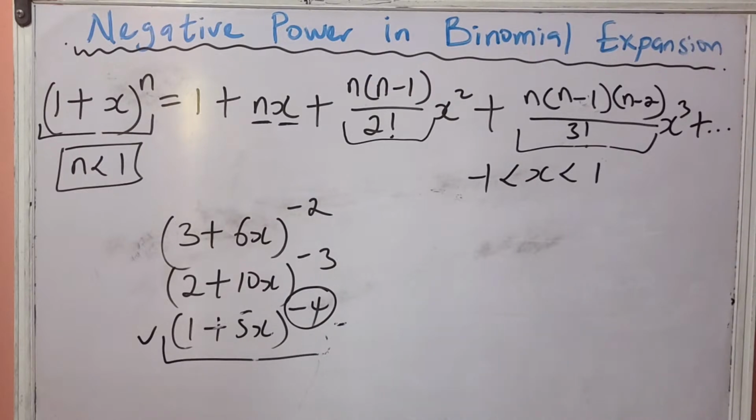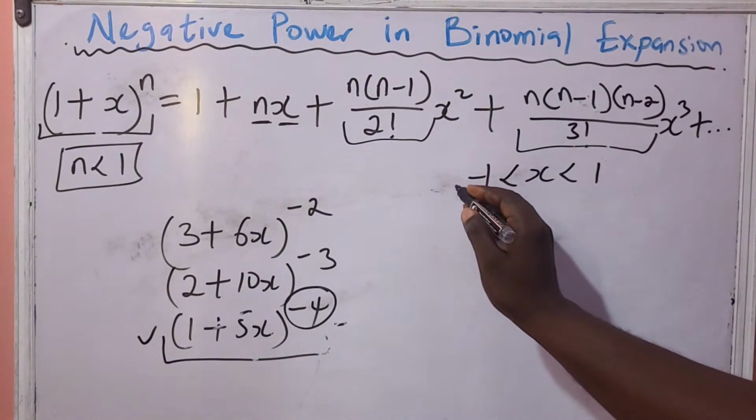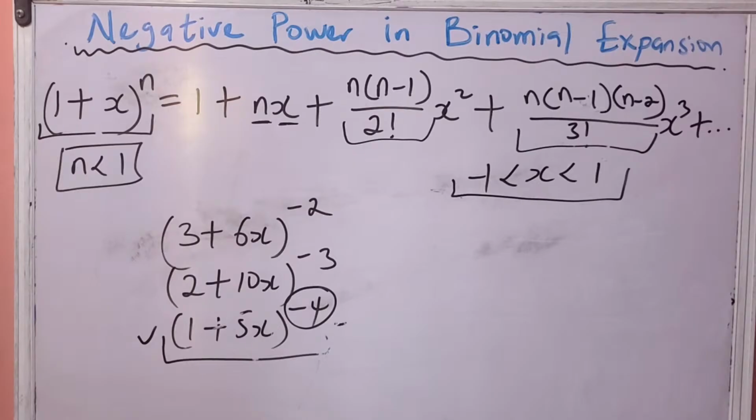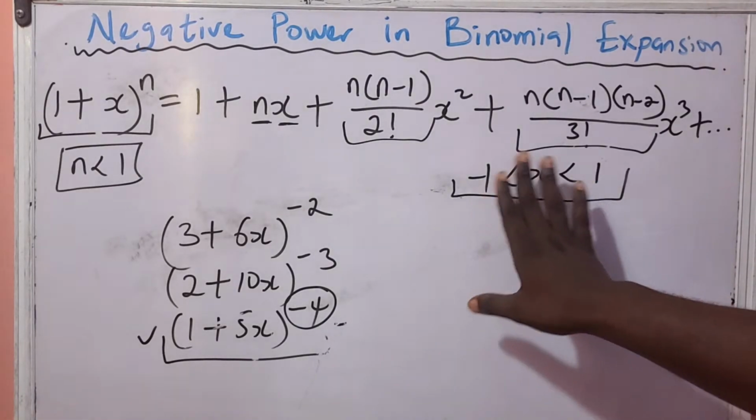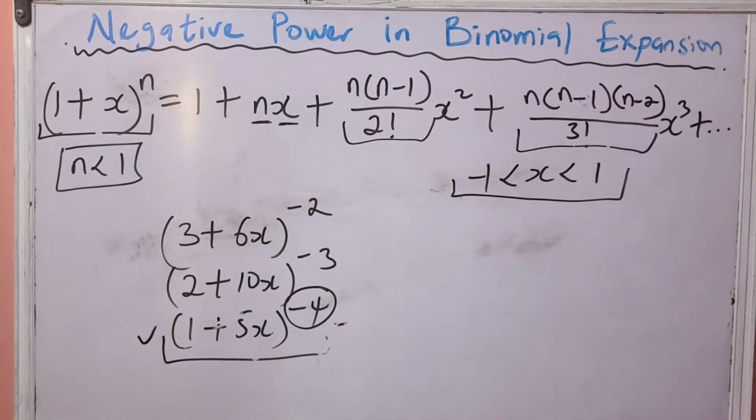You may be tempted to omit this because you feel it's not important. It's very important that at the end of your calculations, when you are done solving, always state what value of x makes your expansion defined, that your expansion is defined on. Now, look at it. This is the next piece of the puzzle I'm trying to explain right here. For this expansion, look at what we have.